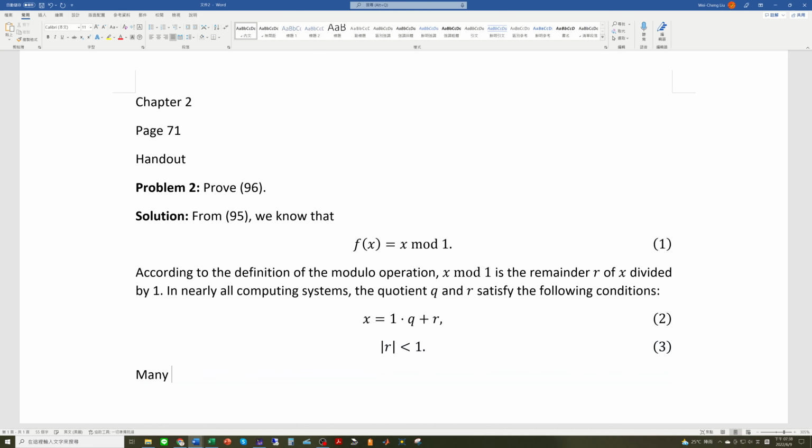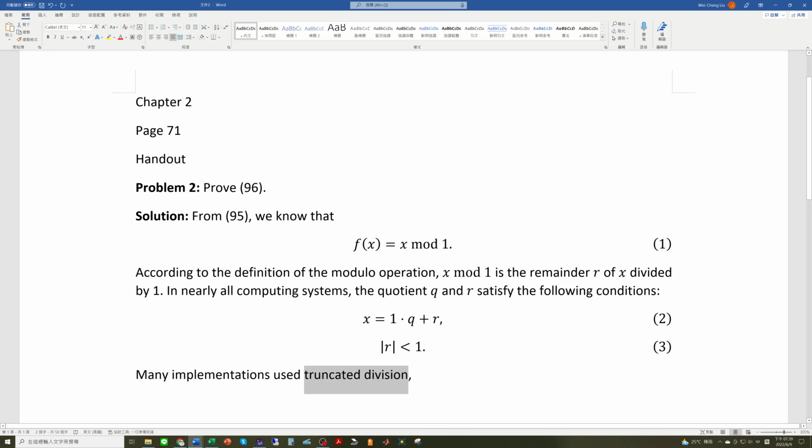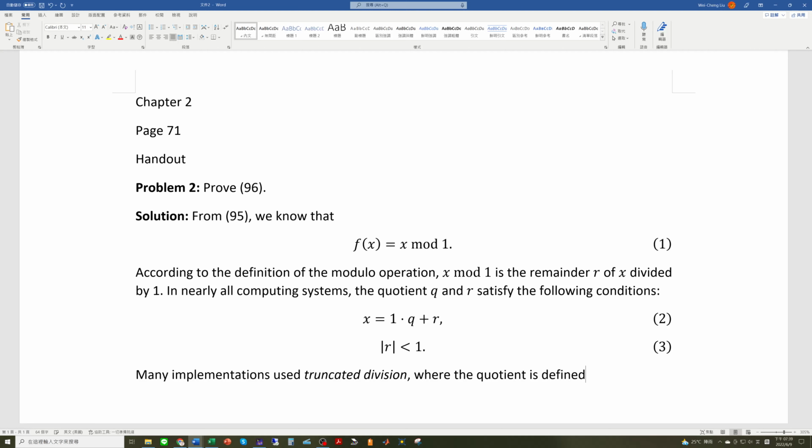Many implementations use truncated division, where the quotient is defined by truncation to the integer part.